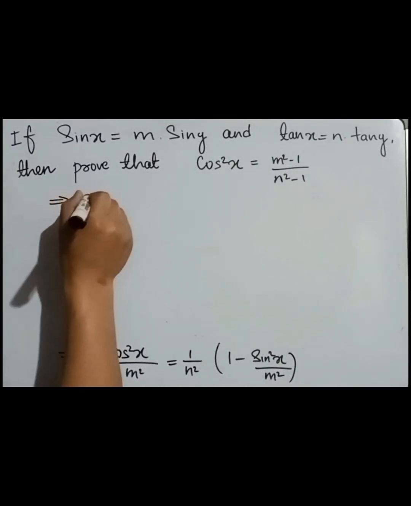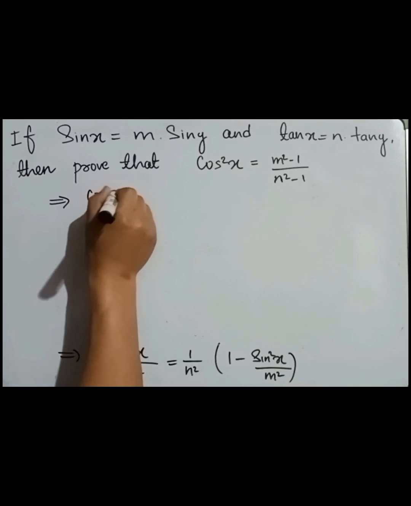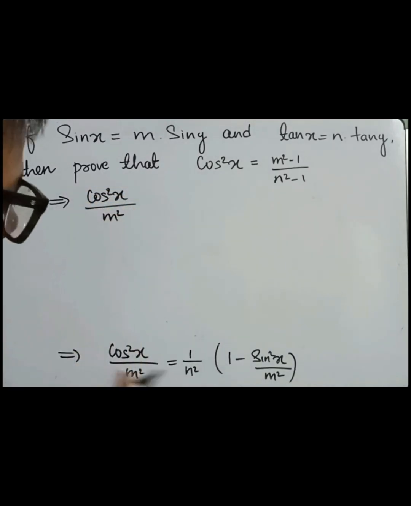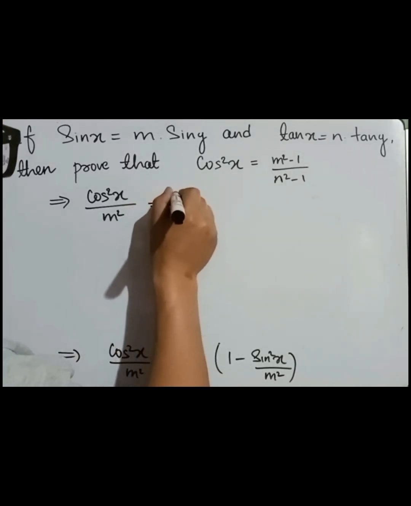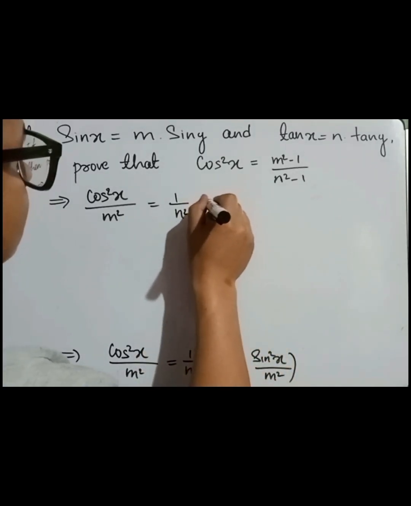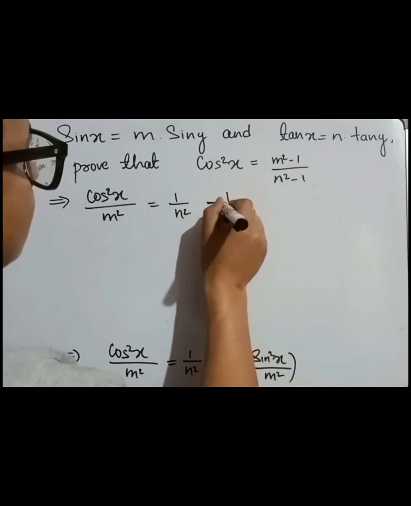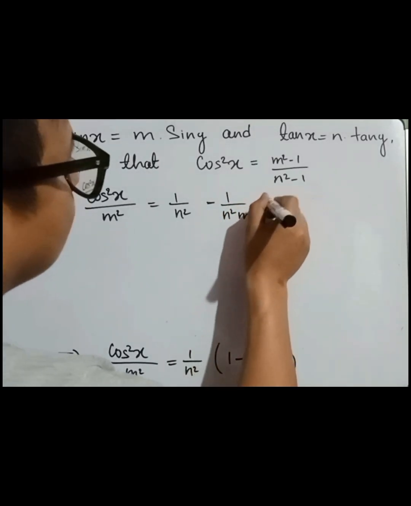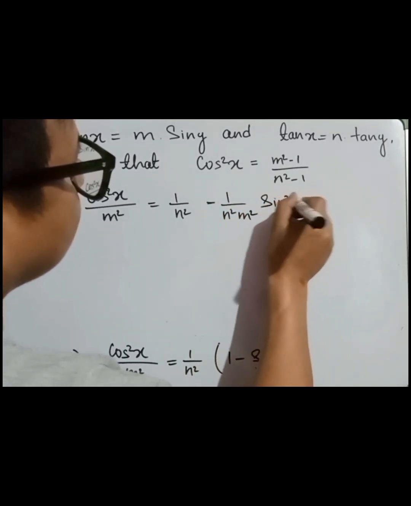And in the next line, we can write cos square x is equal to m square. Now we have to open bracket. 1 upon n squared into 1 is 1 upon n squared, plus into minus minus, 1 upon n squared into sine square x upon m squared is equal to 1 upon n squared m squared into sine square x.